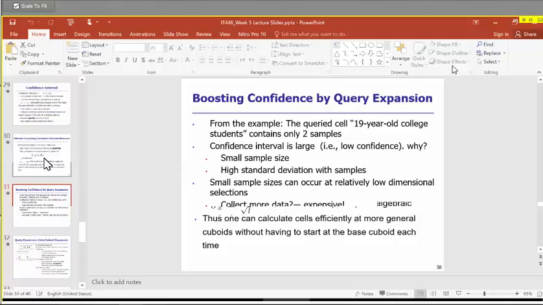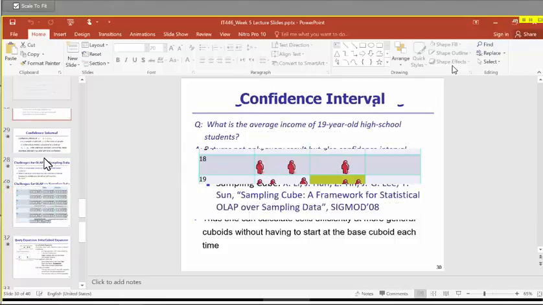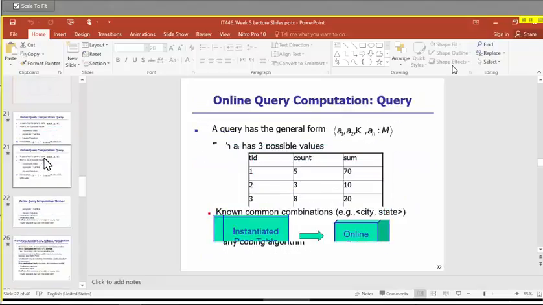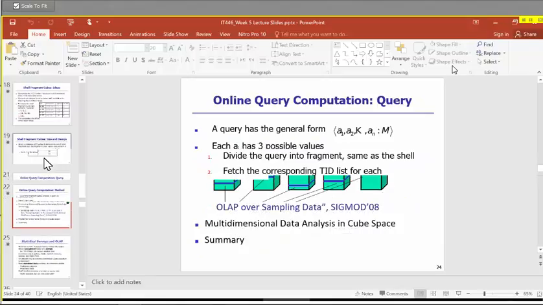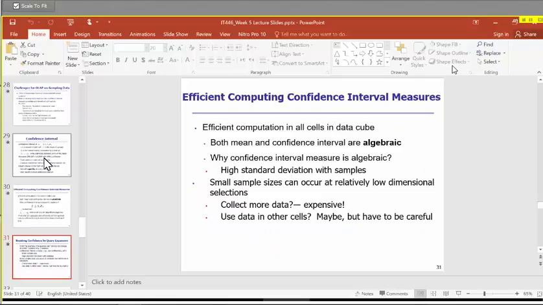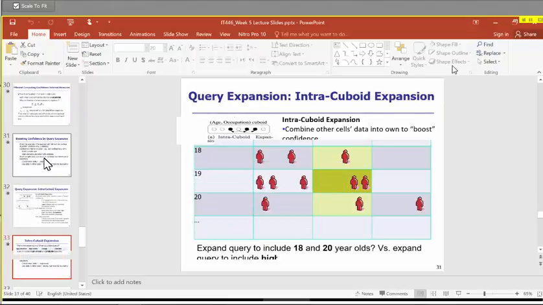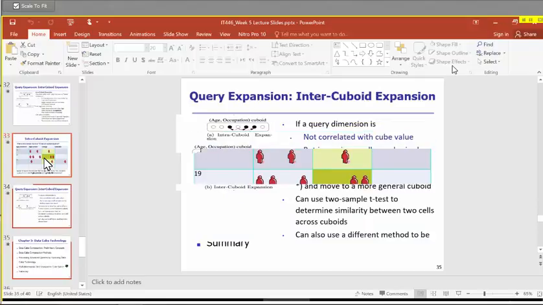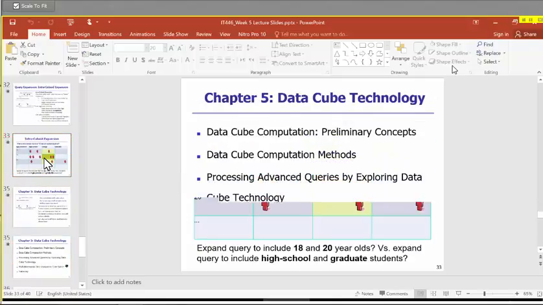So if we look at this example that we covered, you can see the college student of 19 years, we can expand it.